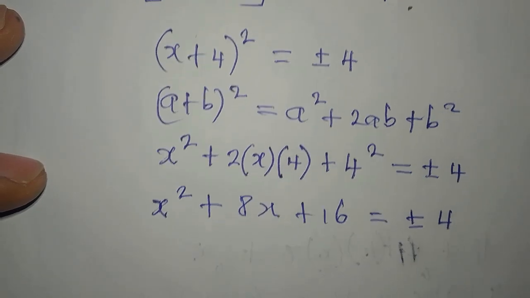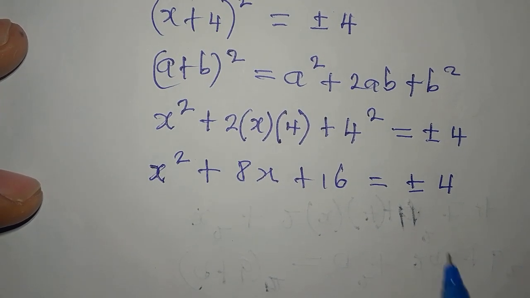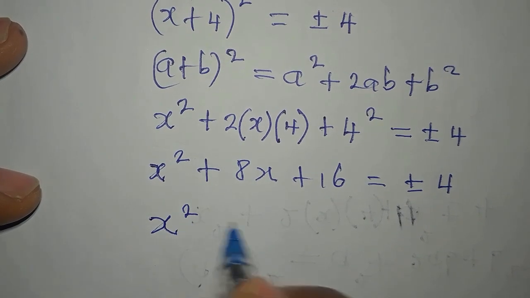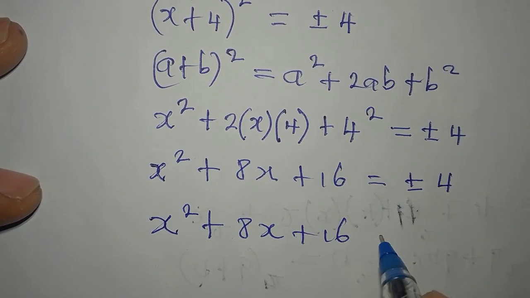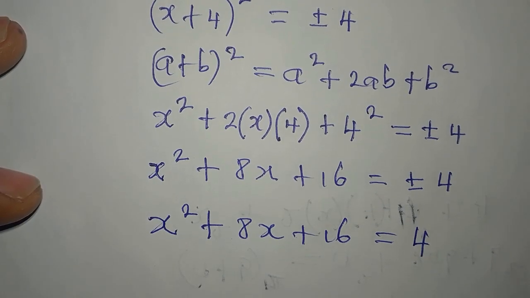So from here now, we are expected to have two equations. One is going to be positive, so I'm going to leave out the negative and I'll pick it up again. We have x squared plus 8x plus 16 equals 4. I will still come back for negative 4.